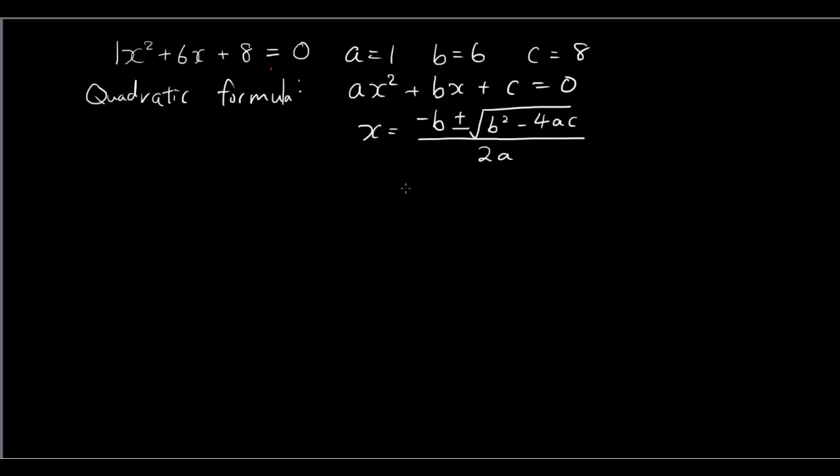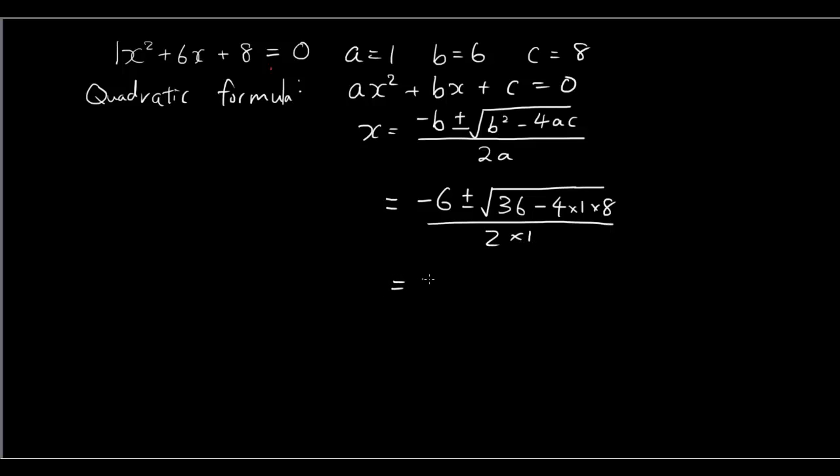So substituting those numbers into our formula, we can see that it's negative 6 plus or minus the square root of b squared, so that's 6 squared, which is 36, minus 4 times 1 times 8, over 2 times 1.